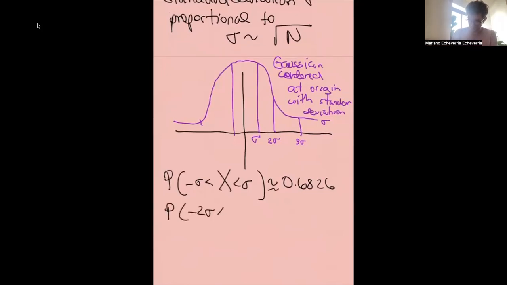And for the random variable to take values between minus 2 sigma and 2 sigma, that's already 95%. That's where the 95% confidence test, which you may have heard of, comes from. It means that certain values lie within 2 standard deviations of the average.